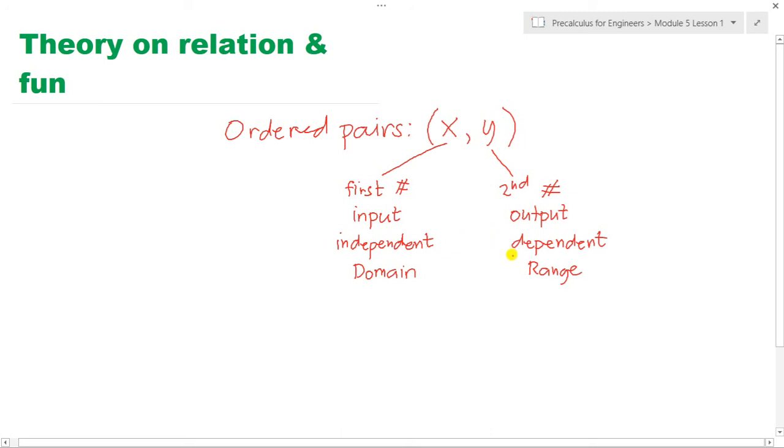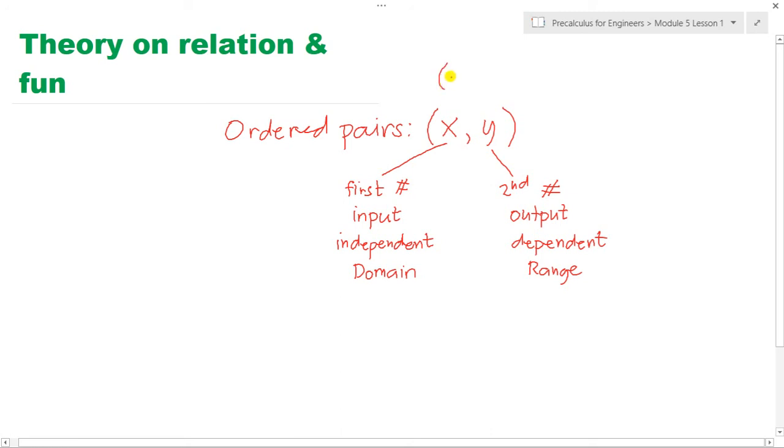That's why it is called dependent. And it is the resulting value of your domain, which is called the range. So here, ordered pairs are not limited to x and y.